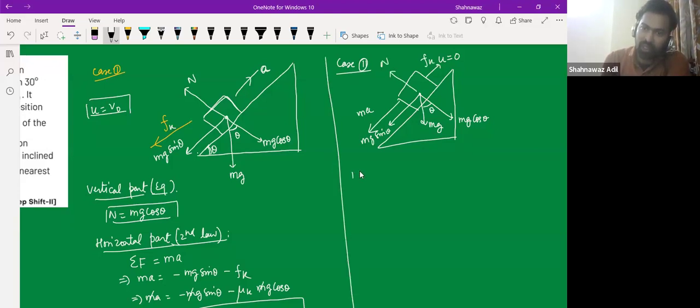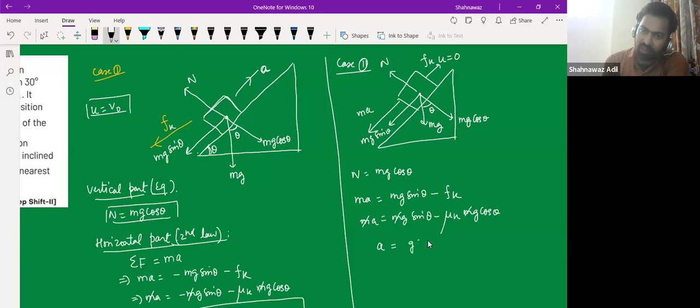So your N is mg cos theta, and I will write ma directly. So ma is mg sine theta minus Fk. So Fk is mu k mg cos theta, and m cancels. So you have acceleration, which is g sine theta minus mu k cos theta, right?